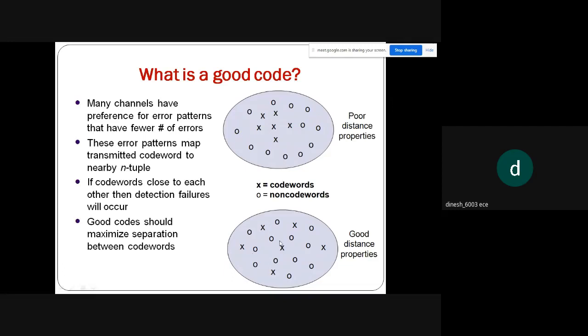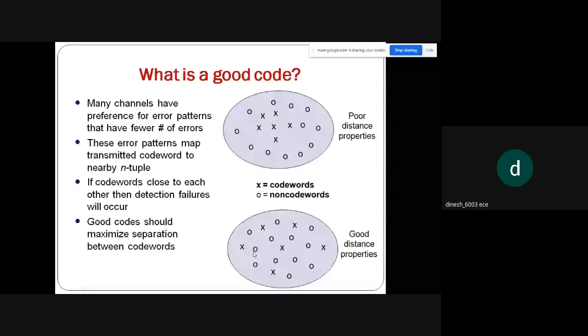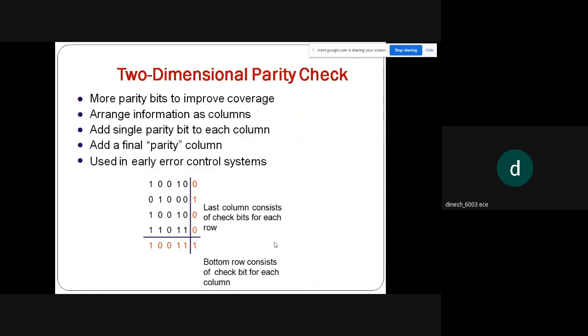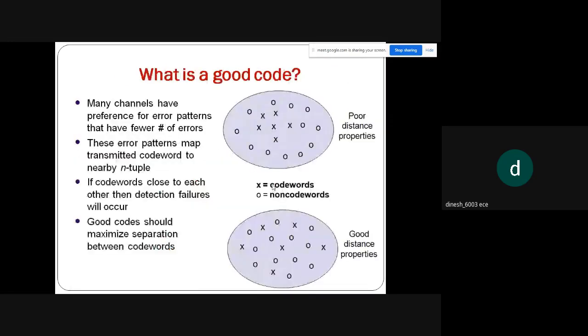If they are intact with some space, you can see that this and this will have a distance of one, and the points between this x and this x are 1, 2, 1, 2. So the minimum distance between one code word and another should be separated by something. So this we call a good code.